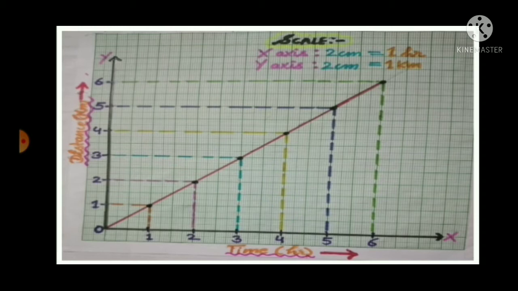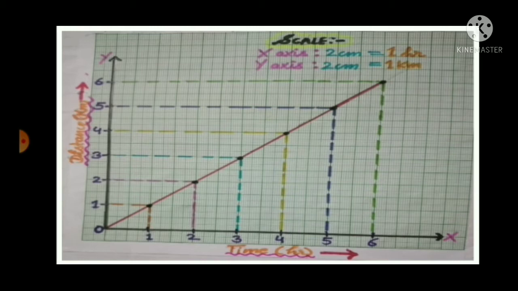We always have to write the scale, because it is very, very important. What do we write in the scale? First we write the y-axis or x-axis, and then its scale, meaning how many centimeters we have taken for 1 hour or 1 kilometer.